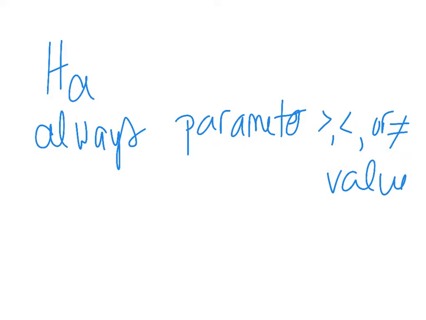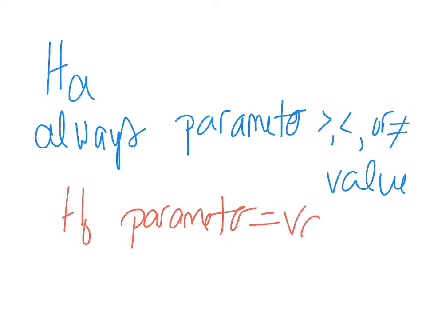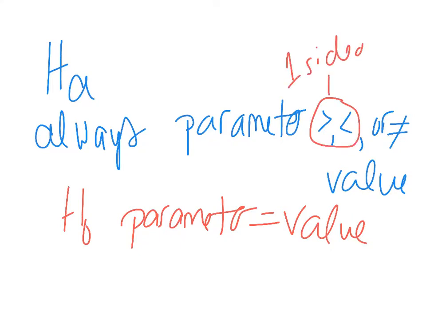Your null hypothesis, when you write that one, is always going to be that the parameter equals the value. So you have three choices for alternative. The two with greater than or less than make it one-sided. If you use the not equals, that makes it a two-sided alternative hypothesis.